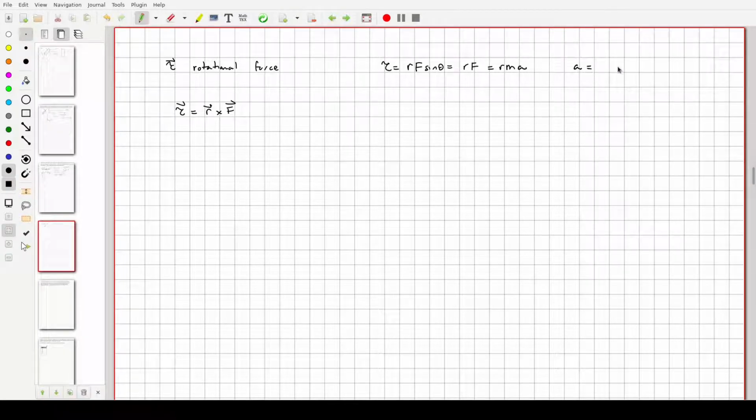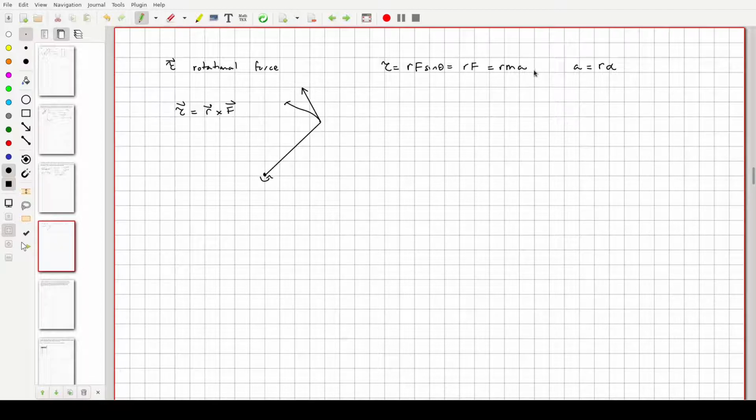Acceleration, we know, when it comes to rotational motion, is r times alpha. Because let's think about this. If you push on something with a force like this, and that something is stuck at one end and pivots around, then you cause the acceleration to be in a tangential direction, right?